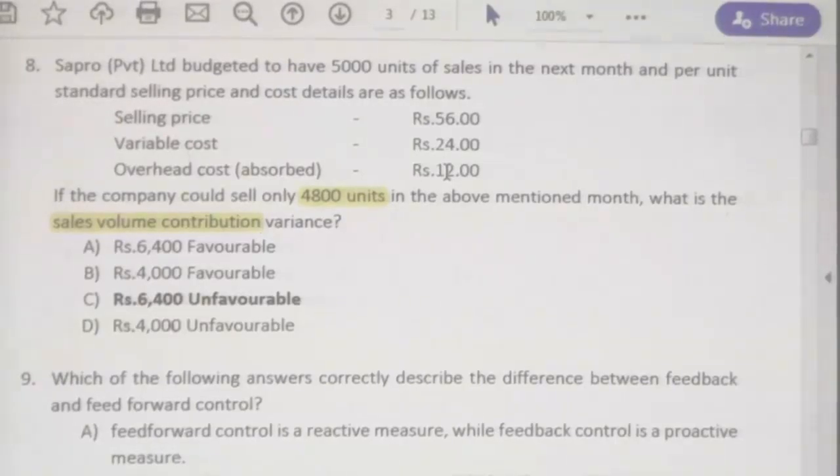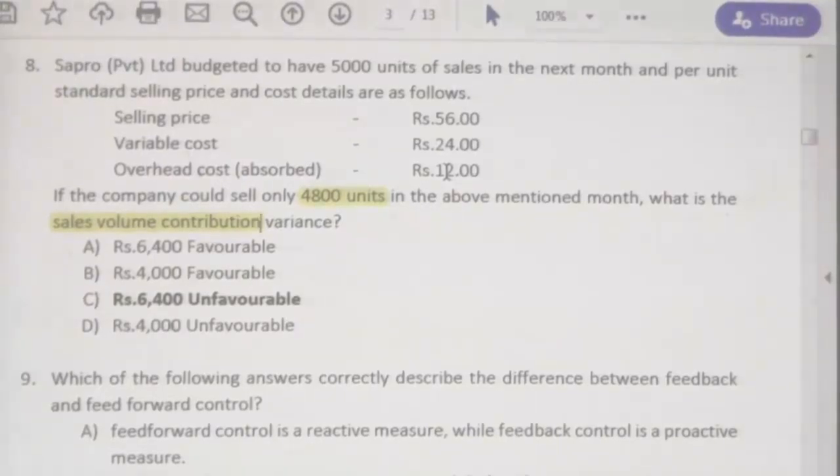Thereafter, some cost centers do not produce units, such as the service sector, therefore you have to reapportion that service sector indirect cost among the production centers. Thereafter, total production center indirect cost will be absorbed using an absorption rate such as labor hours, machine hours or direct material cost, likewise, or the number of units. That is the cost absorption technique. That's why that absorbed cost cannot be taken as a direct cost.